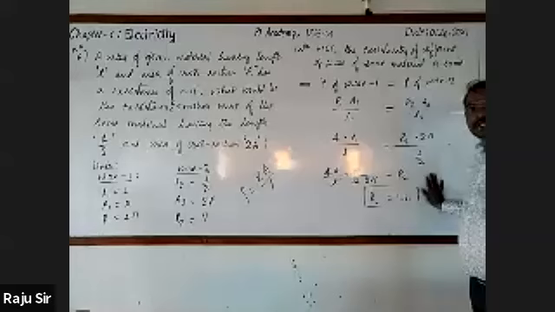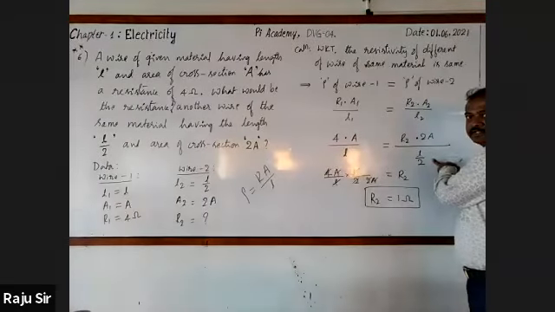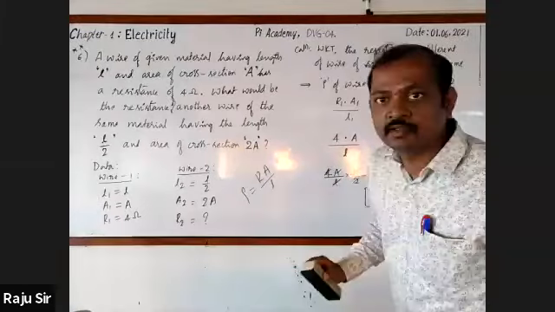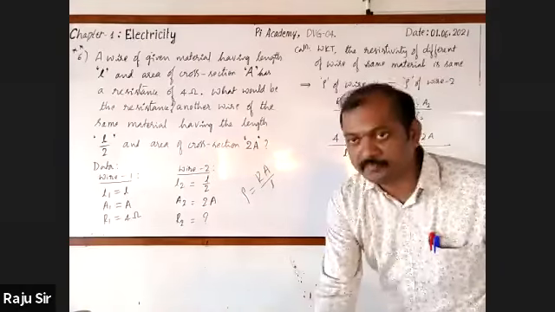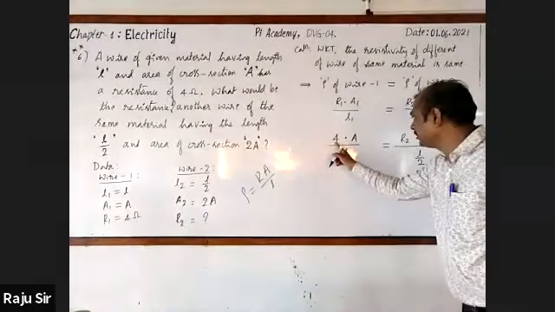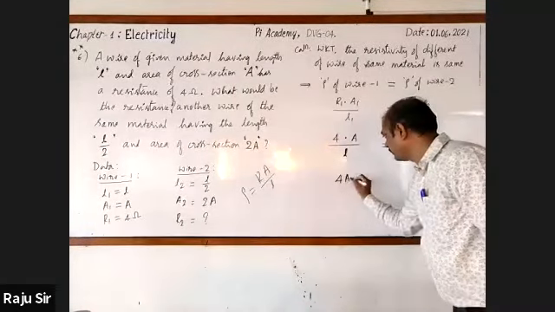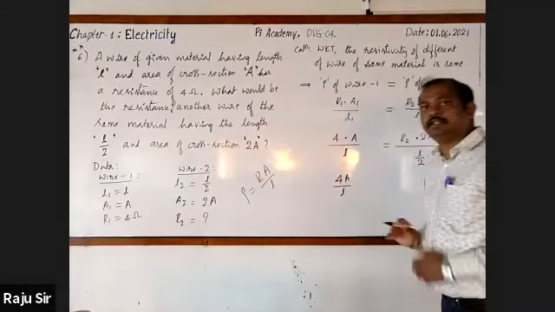Hope that you have understood. Sir, calculation part, one time you shall tell, sir. You have understood up to here, the substitution. Yes, sir. Some of you are asking about the last step, I am writing. Okay. I'll go for basic mathematics. Observe, multiply this 4 into A, 4A, divided by the denominator here.